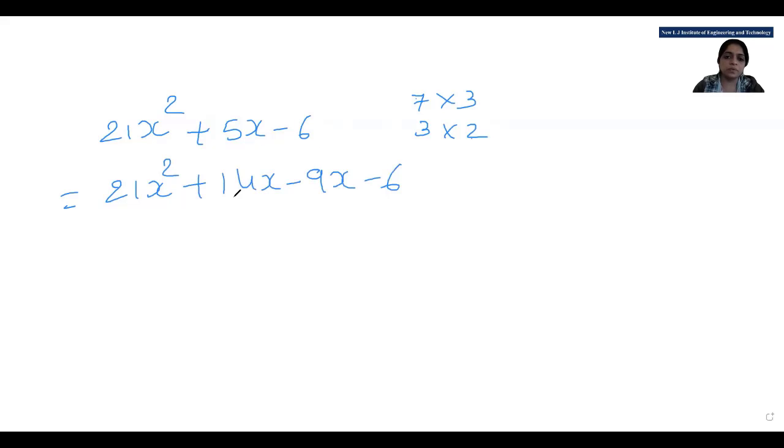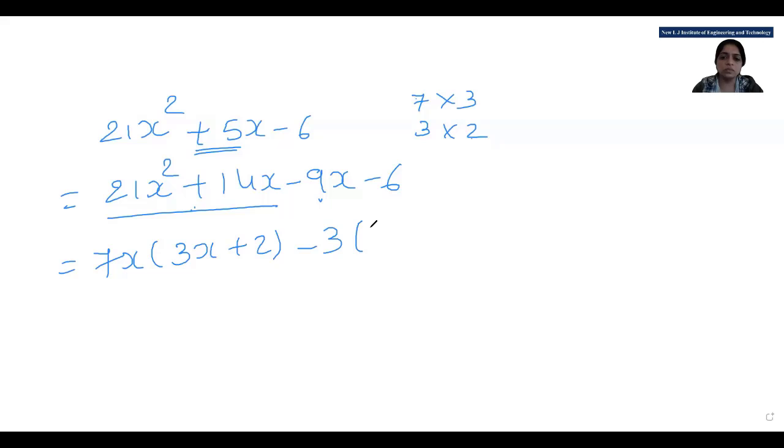Taking 7x common and 3 common, we get 3x plus 2 and 7x minus 3.